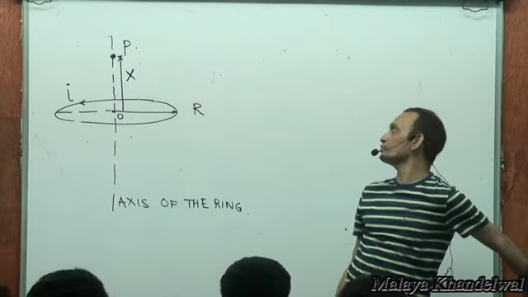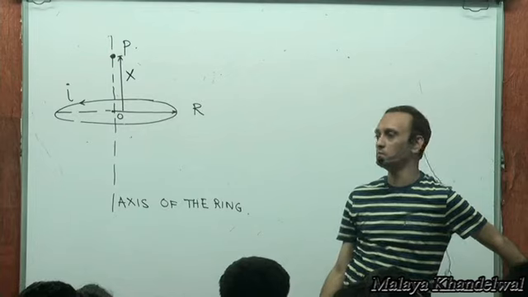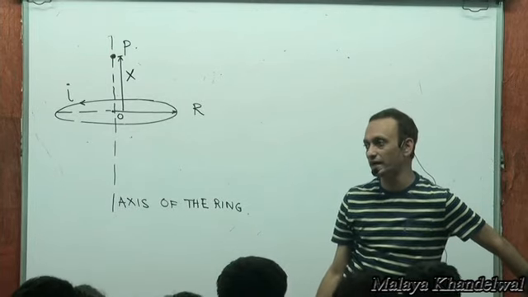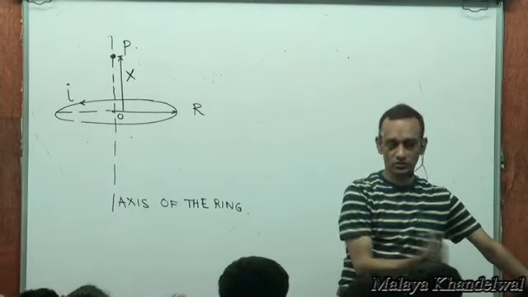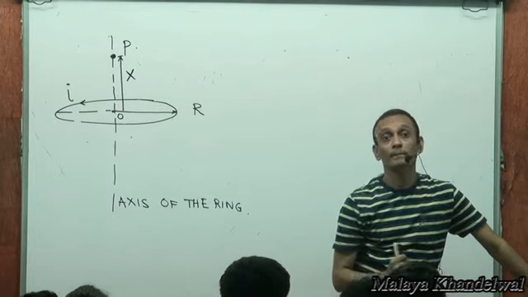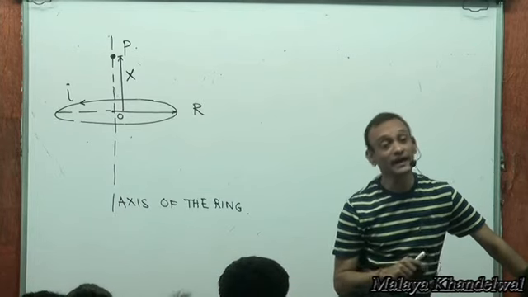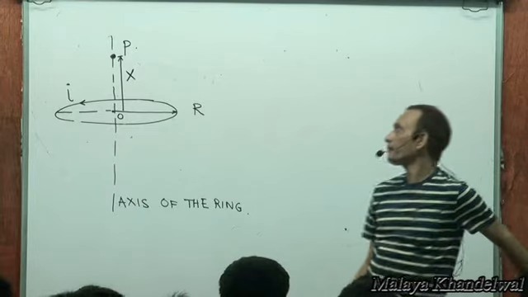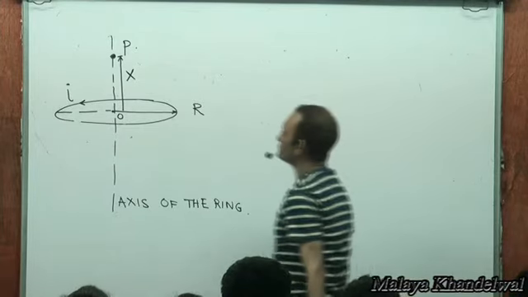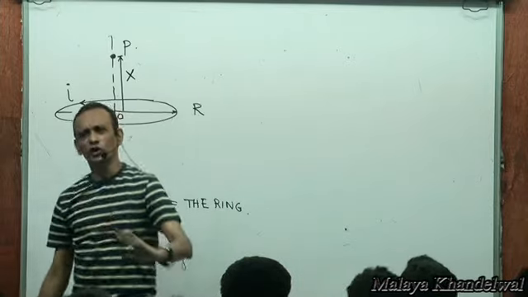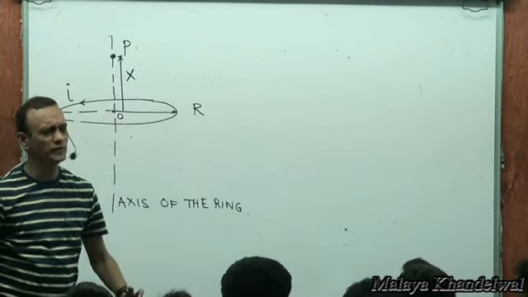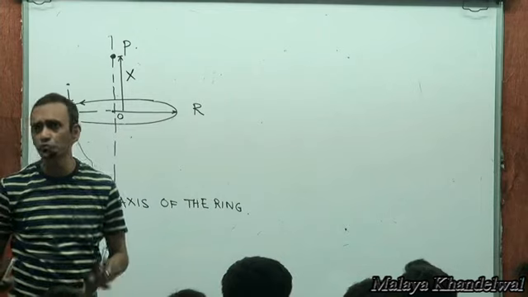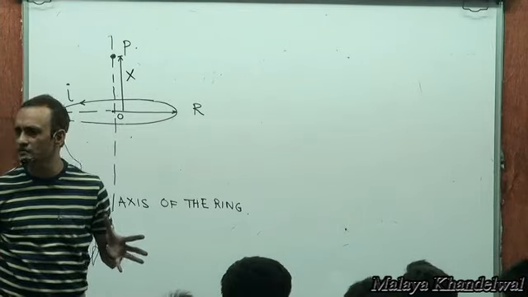I then wish to compute the magnetic field at P because of this circular ring. For the center of the ring, x will become 0, a case that we have already arrived at. Okay. Now, again, the objective is very similar, pretty much the same blueprint, a little difference in algebra and trigonometry.